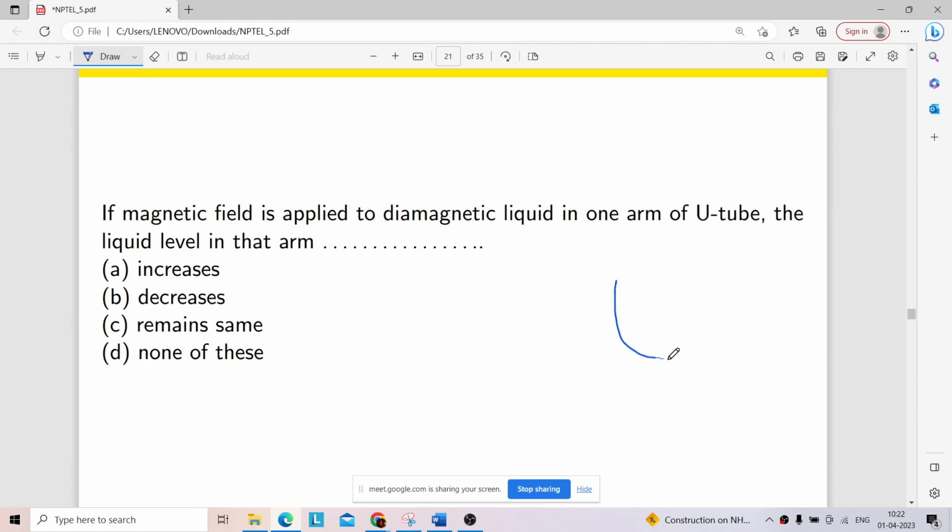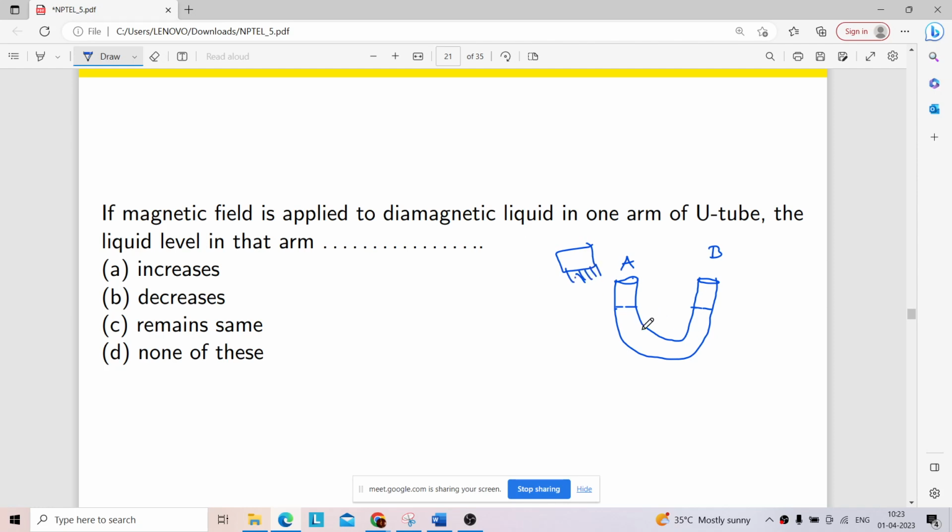We have a U-shaped tube, and we have some diamagnetic liquid inside this. So initially it was at this level. Let's name this side A and this side B. Then what happens? We have to apply a magnetic field on this side A, right?